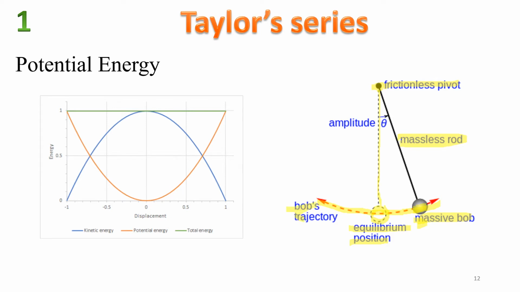The red one, as I said, is the trajectory, and here is the maximum displacement from the mean position. So this is the mean position, and for example this is the maximum displacement. This is called the amplitude of motion.